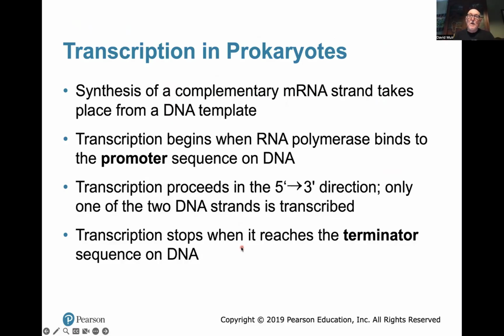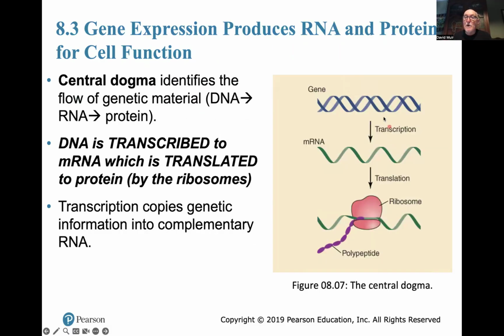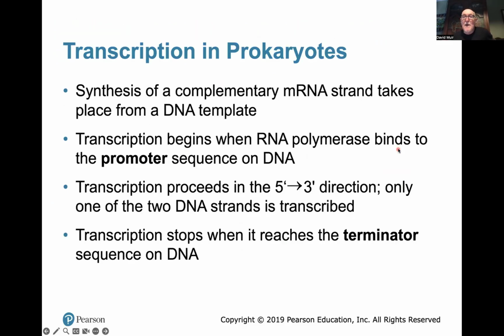Okay, so what do we have to do? The first process that we have to understand is this process here. That is the process of transcription, reading the gene and producing a strand of messenger RNA. That strand of messenger RNA is called the complementary strand, and it is read off a DNA template strand.